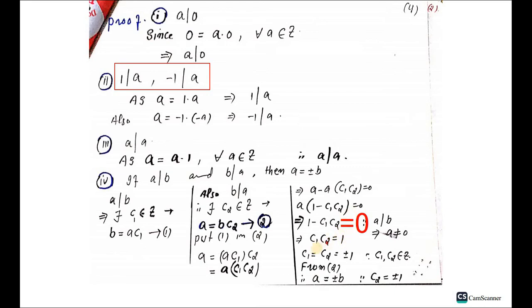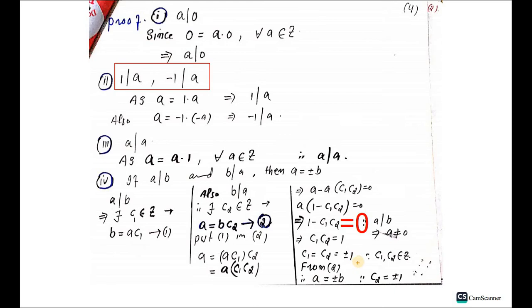Hence we can write that on account of this product equal to 1, it is possible that c1 and c2 both will be equal to either plus 1 or minus 1. c1 c2 are integers. So here we have value of c1 c2 which are plus minus 1.